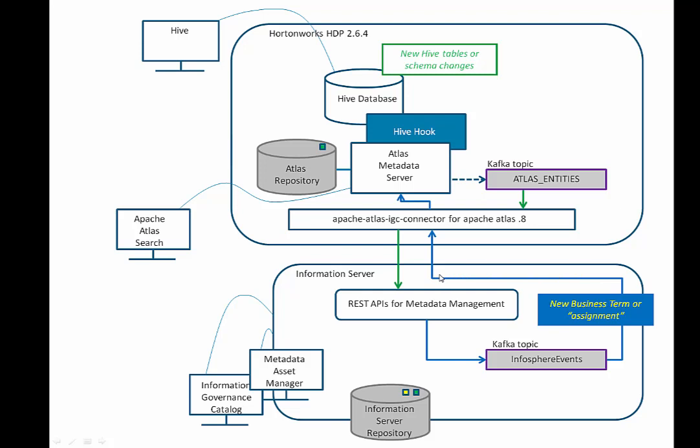If we follow these blue arrows, we can see that the connector will then apply that business concept into Apache Atlas, where it will appear here and also be assigned to a metadata table in the Atlas repository.